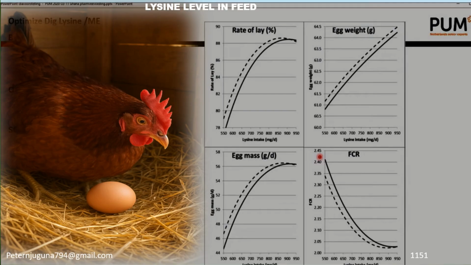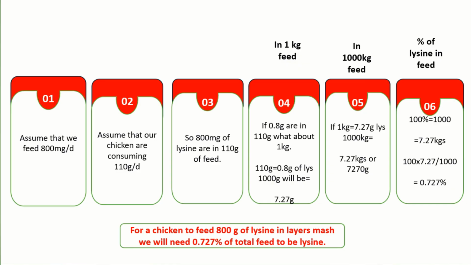The fourth graph is illustrating the relationship of lysine with feed conversion ratio, and as you increase the level of lysine, you are also reducing the feed conversion ratio. So lysine is very important in the diet, and we are going to calculate something.